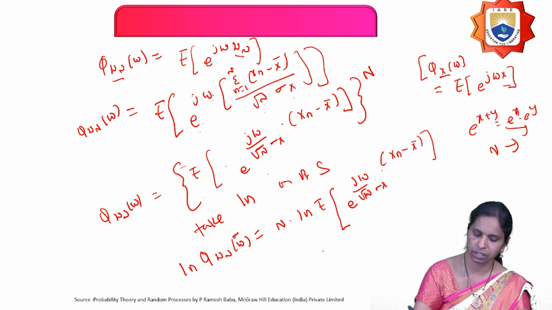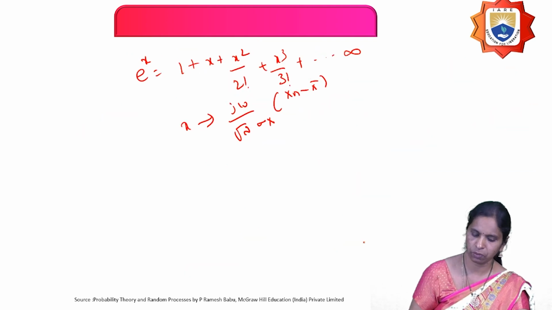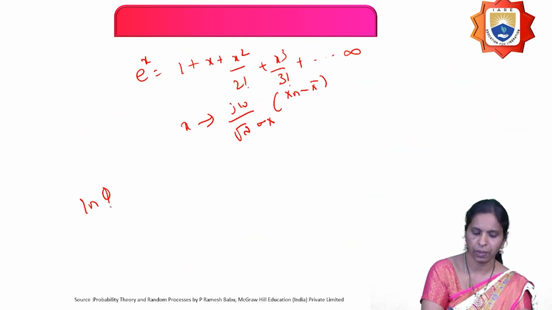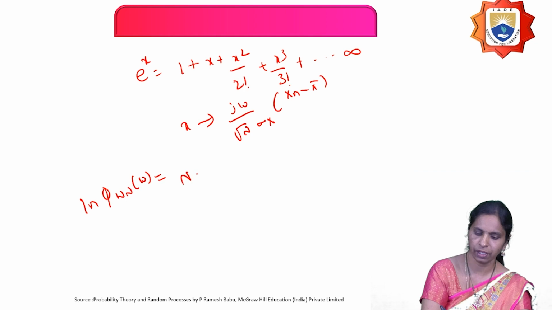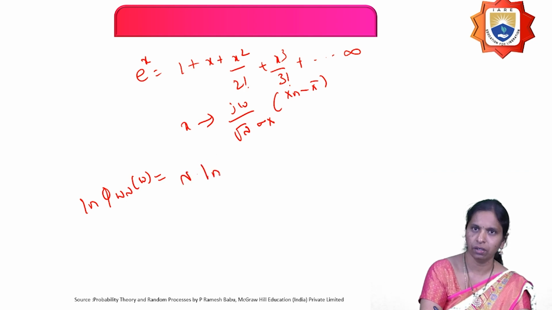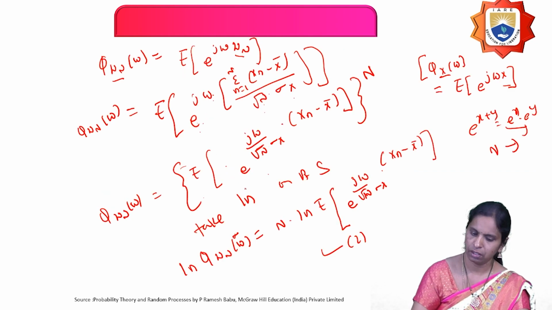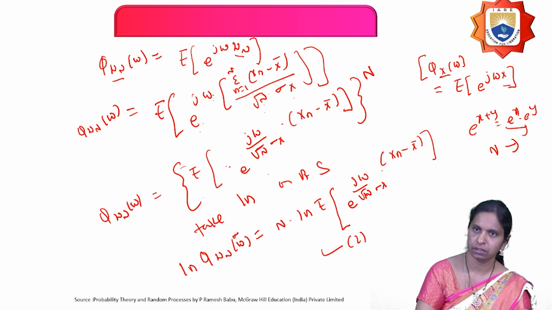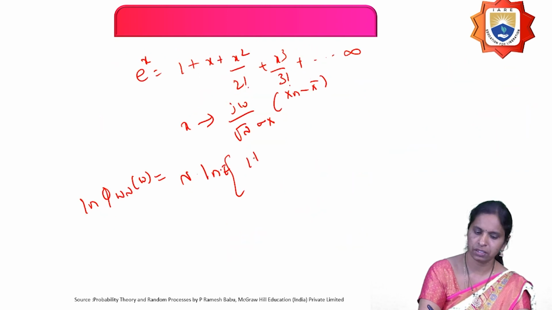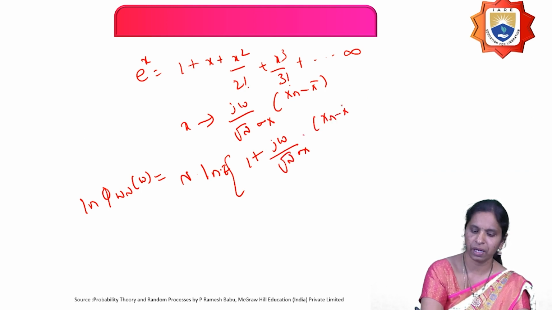Then how can I write this equation? ln of φ_Wn of omega equals n into ln of the expectation of, so e power x is 1 plus x, in place of x here j omega by root n sigma x into xn minus x bar.